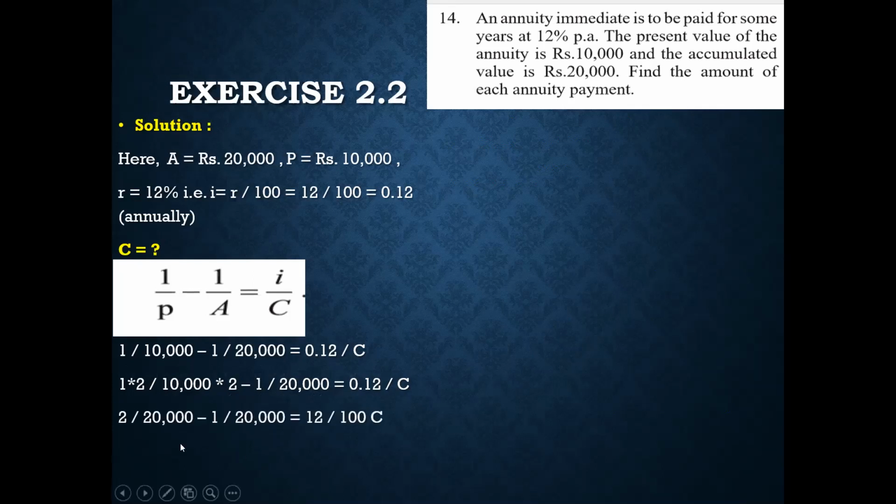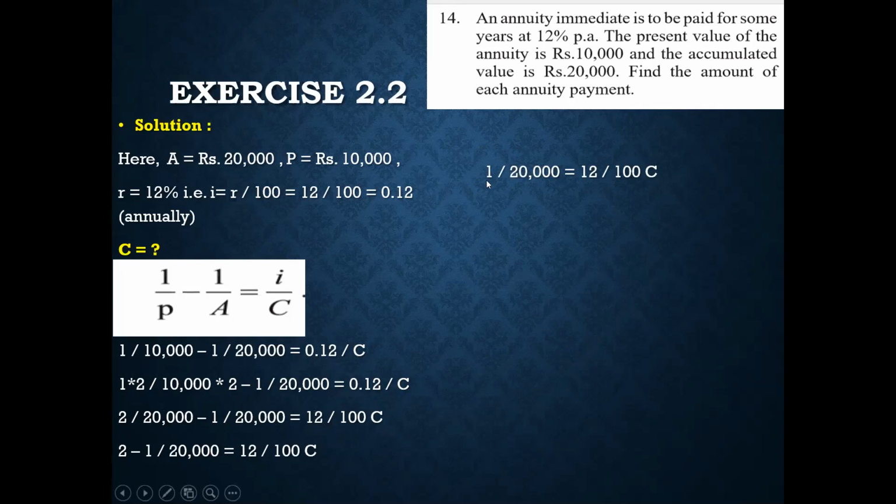So you get 2 by 20,000 minus 1 by 20,000 is equal to 12 by 100C. I have removed the decimal, nothing else, so don't worry. Now as your denominators are same, you can subtract the numerators. So 2 minus 1 divided by 20,000, I have made a common denominator, is equal to 12 divided by 100C.